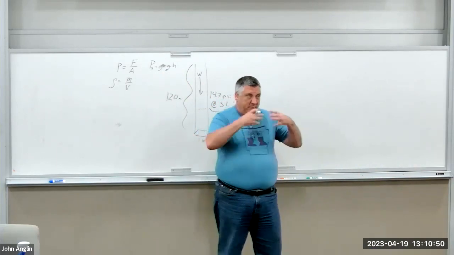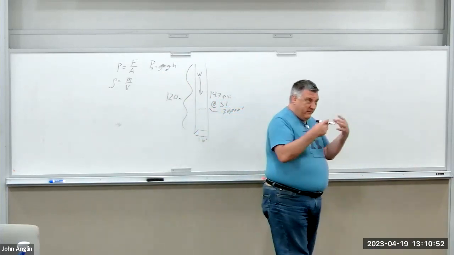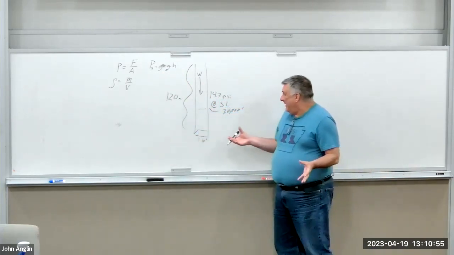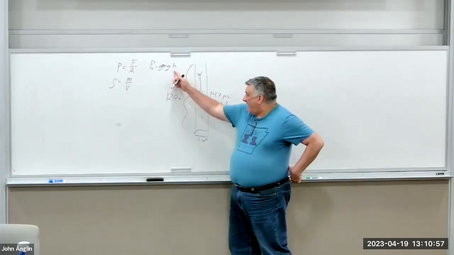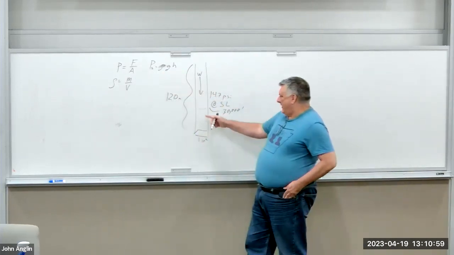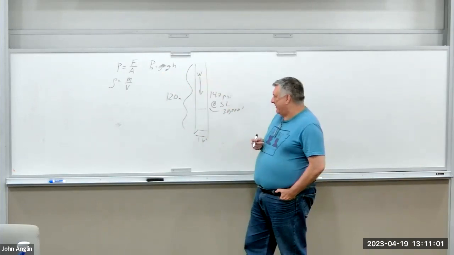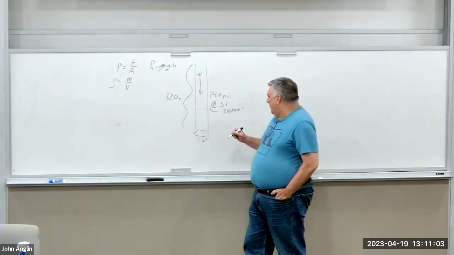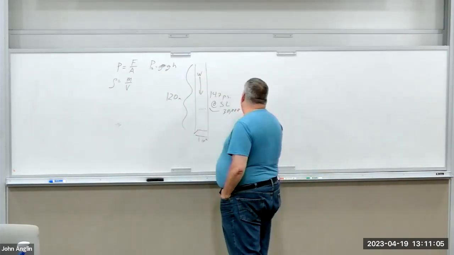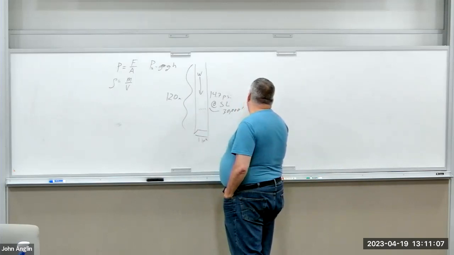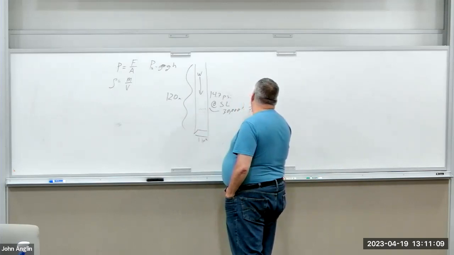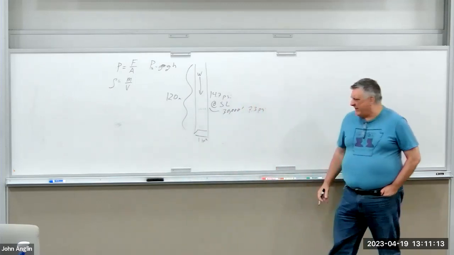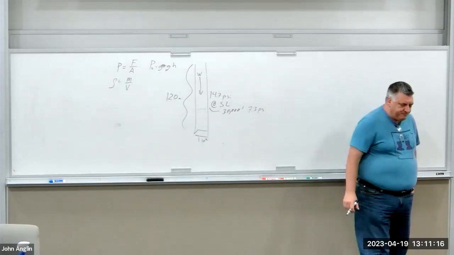For the same volume, there's less air, so the density is lower, and our height is going to get lower, right? Less stuff on top of us. So at 30,000 feet, our pressure is, I don't remember off the top of my head, I think it's like 7.3 psi or something. It's pretty low.